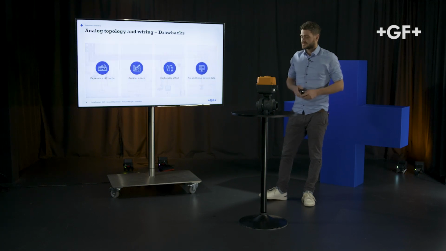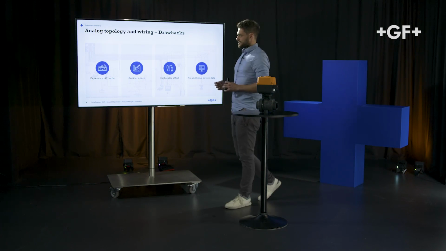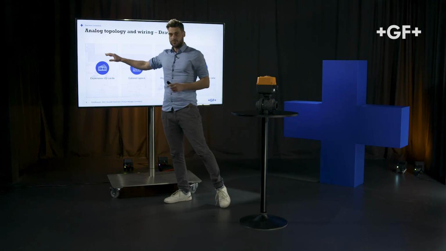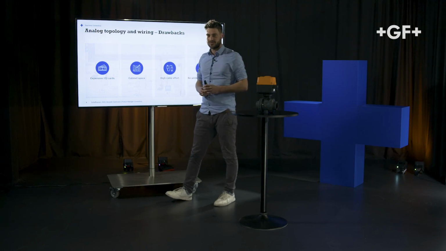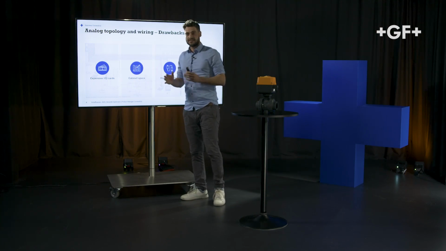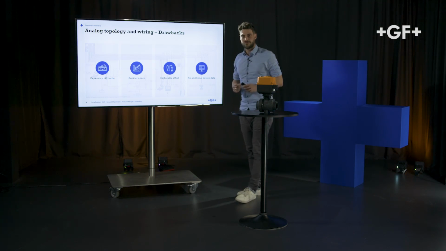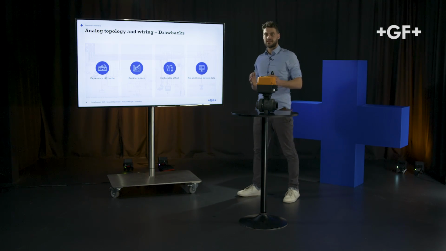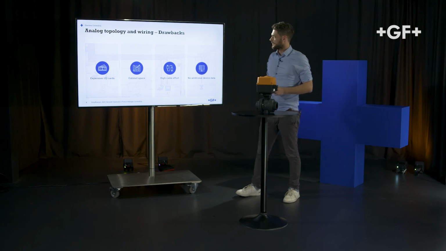So what are the pain points with analog networks like 4 to 20 milliamp? First of all, we have those input-output cards. Those cards become more and more expensive nowadays. In addition, depending on the size of the plant, it needs quite a lot of cabinet space, which is a big pain point for very compact process plants, like containerized solutions for water treatment, for example.